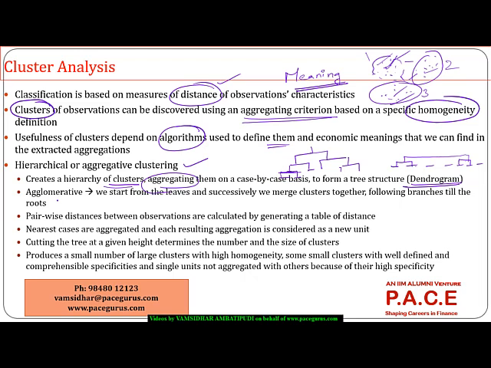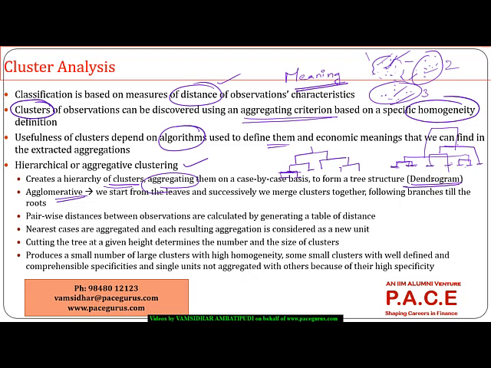In an agglomerative kind of hierarchical clustering, we are starting with the leaves, where each one is a separate cluster. We merge all the clusters together until we reach the final root.